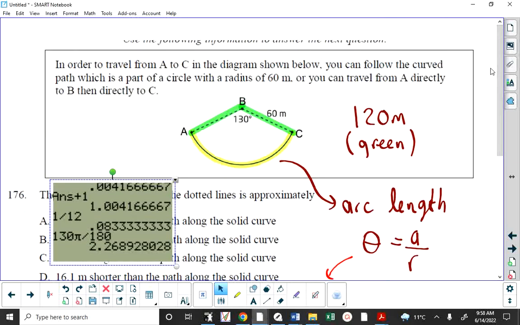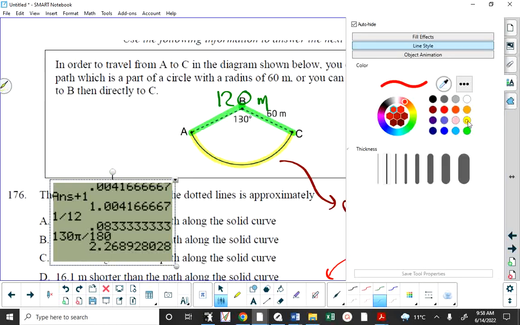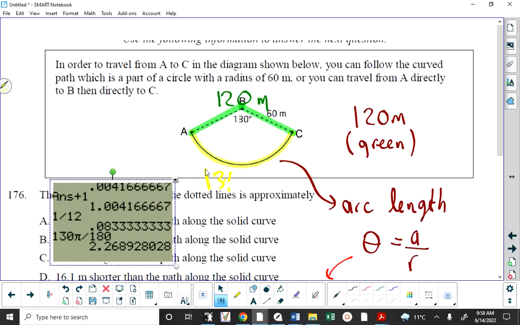So this is 120 meters. This is 136.1 meters. You can see that, eh? Not really. It's pretty gross. I thought I would try it.